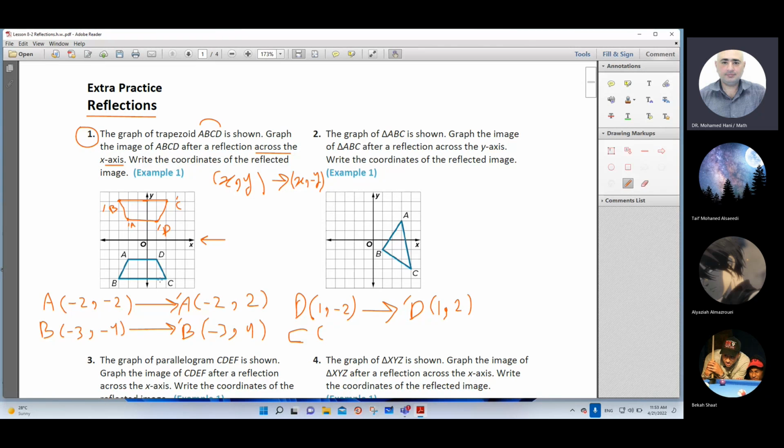As you see, C here is 2, minus 4. The reflection will be C prime. Keep the same x, 2, and take the opposite y, which will be 4.